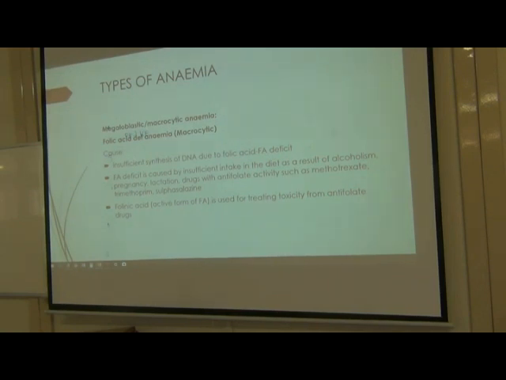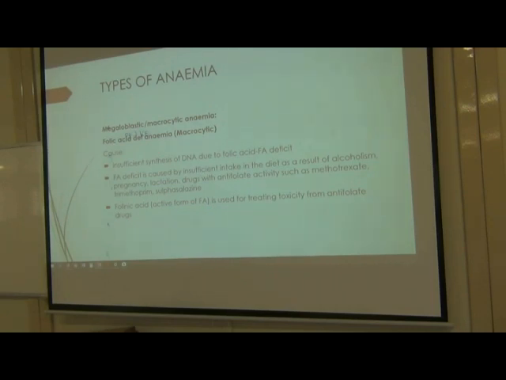Okay, and so there are also some drugs with antifolate activity. These drugs inhibit folic acid synthesis, and we saw one of them during our last lecture, methotrexate for rheumatoid arthritis. Remember that we said methotrexate is an antifolate. So when the patient is on methotrexate, which is used for rheumatoid arthritis, you also want to give them folic acid at the same time because it inhibits the synthesis of folic acid.